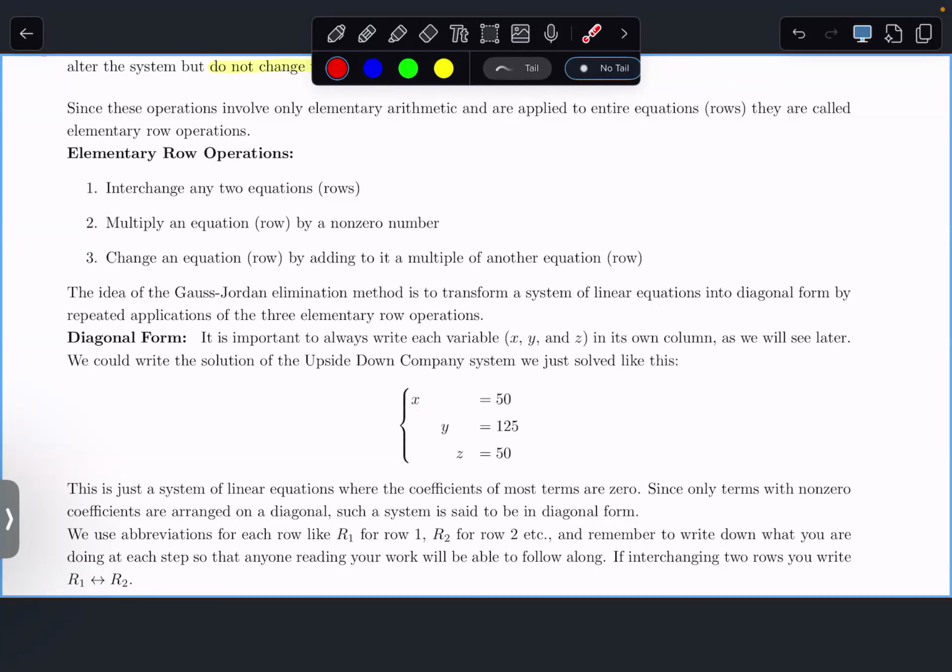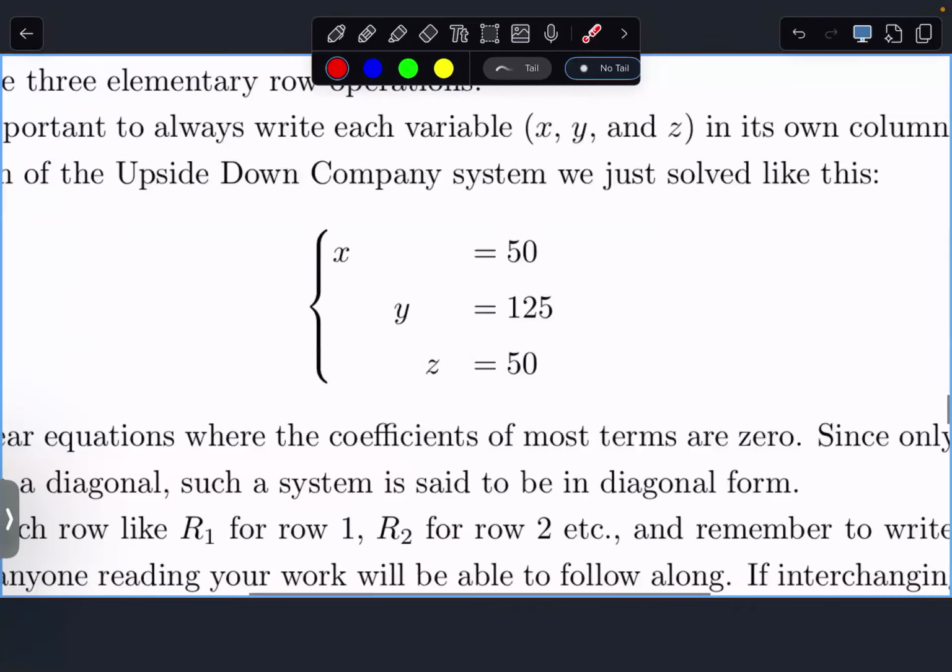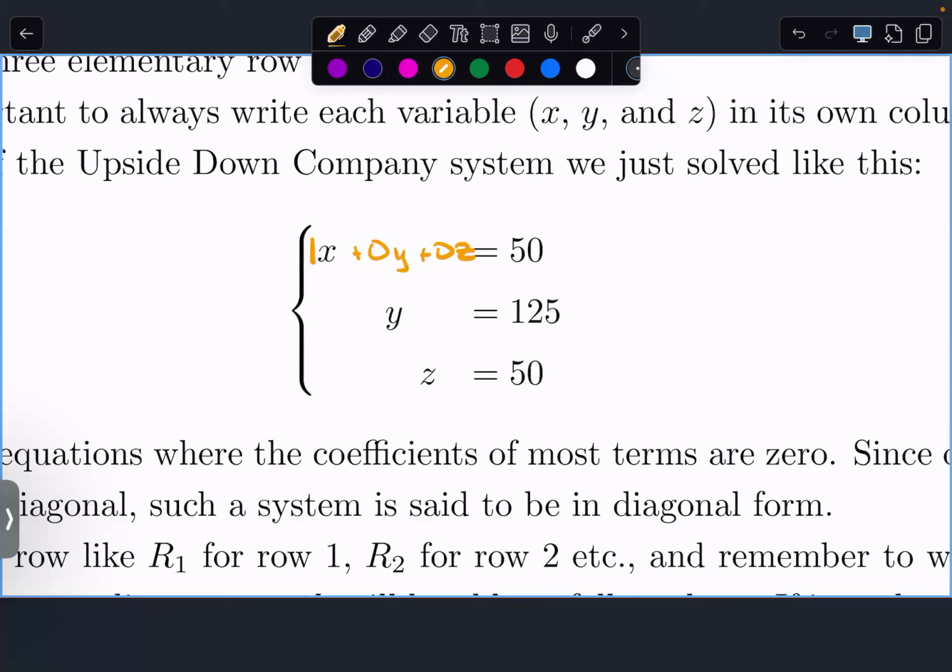It has 1 times x plus 0y plus 0z is 50. 0 times x plus 1 times y plus 0 times z is 125.